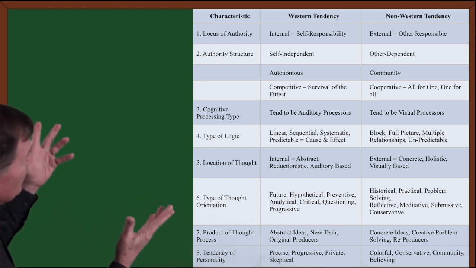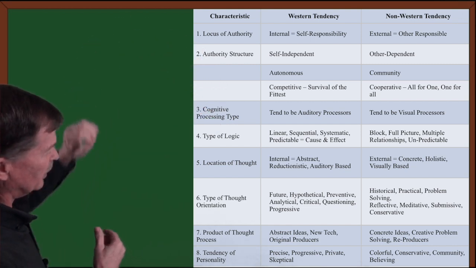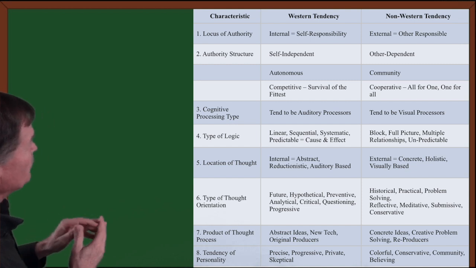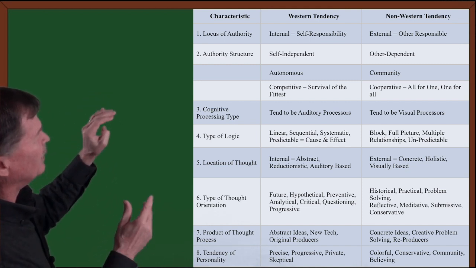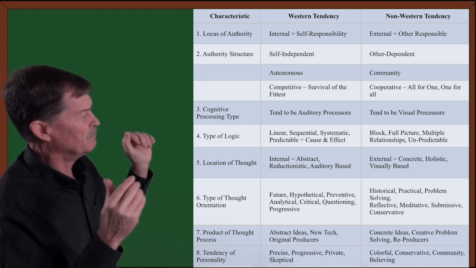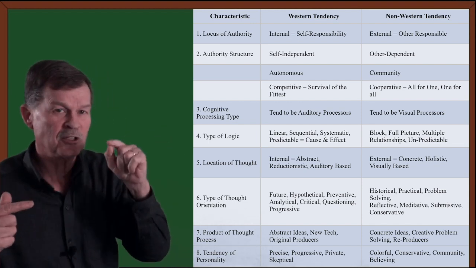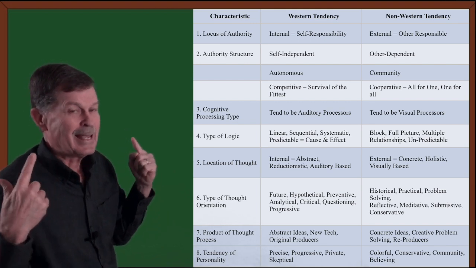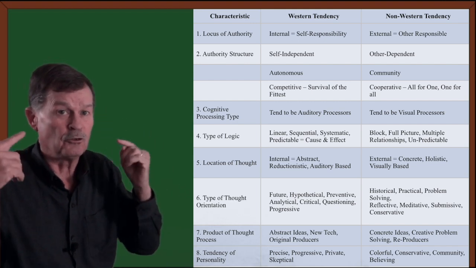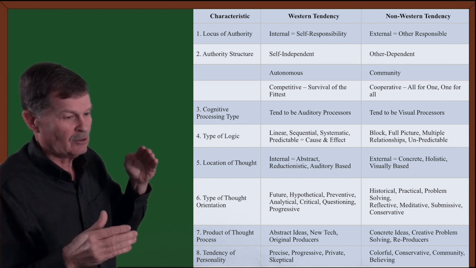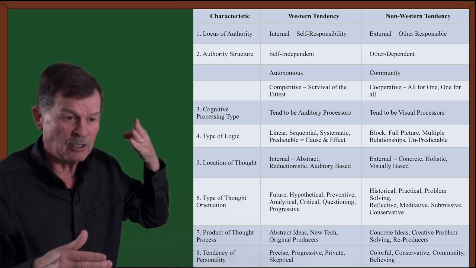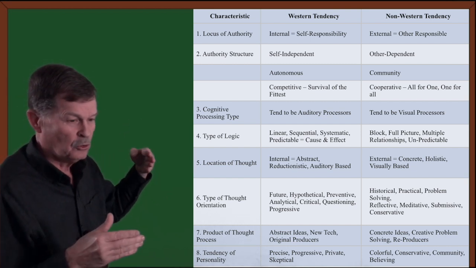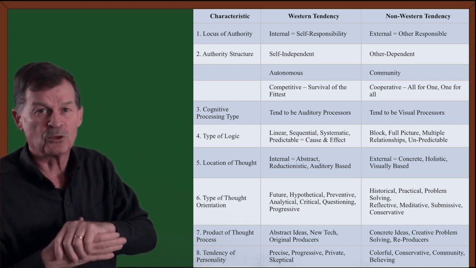Well, the type of logic produced by the two different tendencies would be, one is that the logic of auditory processing is very singular. In other words, it goes in through your ears and through the channels, and it's selective. You have to select one source to process through auditory.